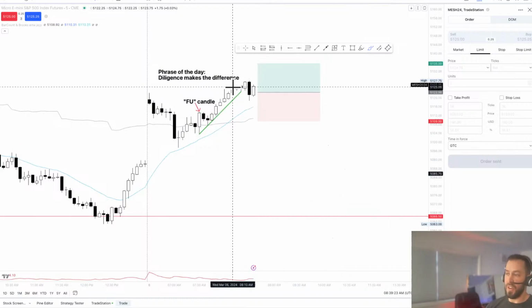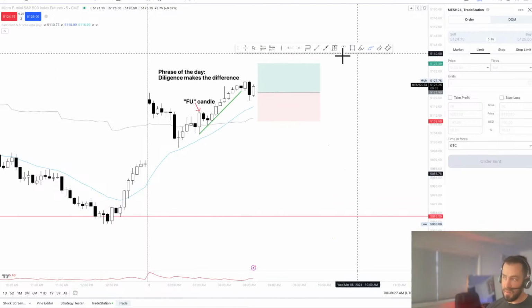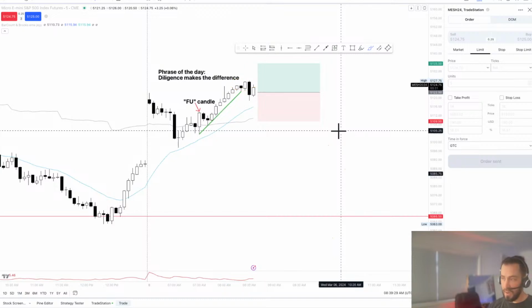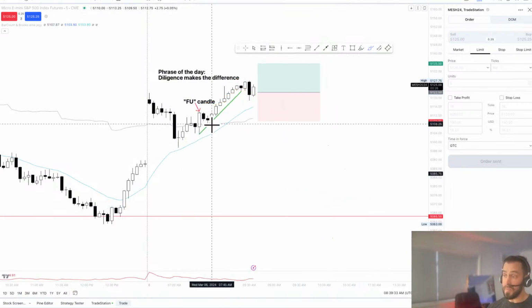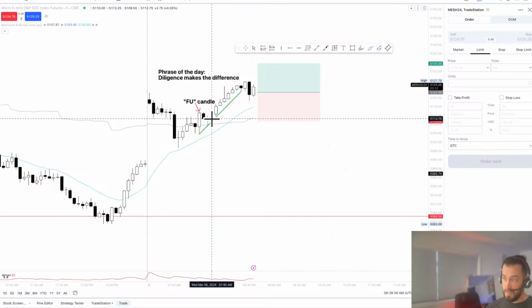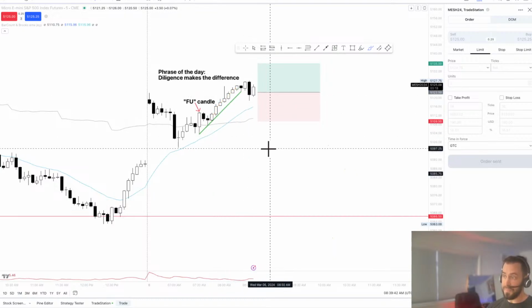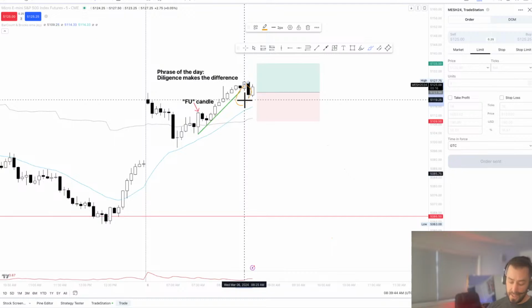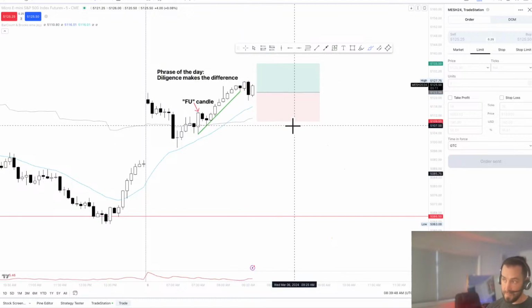So we got a break of the trend line. The first break of the trend line, the market will probably go back up to and test and retest this high. That's usually how it goes, right? Because there's so many bulls, and the bulls have been buying all the way up. 1, 2, 3, 4, 5, 6, 7. So why does the first break of the trend line usually cause a retest of the high?